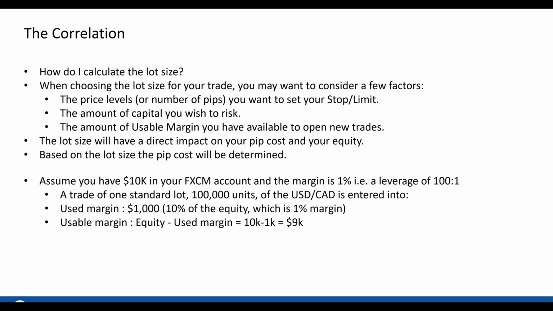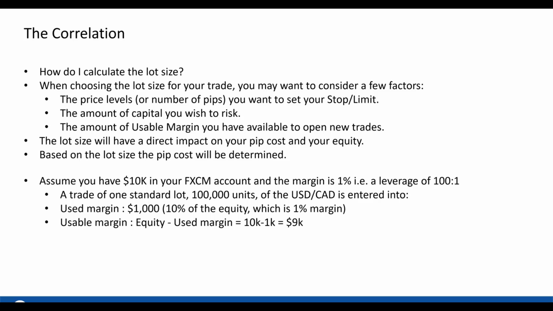That is 10% of your equity, but that is equivalent to a 1% margin, 1% of the total trade of 100,000 units, right? The usable margin is equity minus that used margin, which is your $10,000 in your trading account minus the $1,000 that has been allocated to margin, leaving you a usable margin of $9,000.